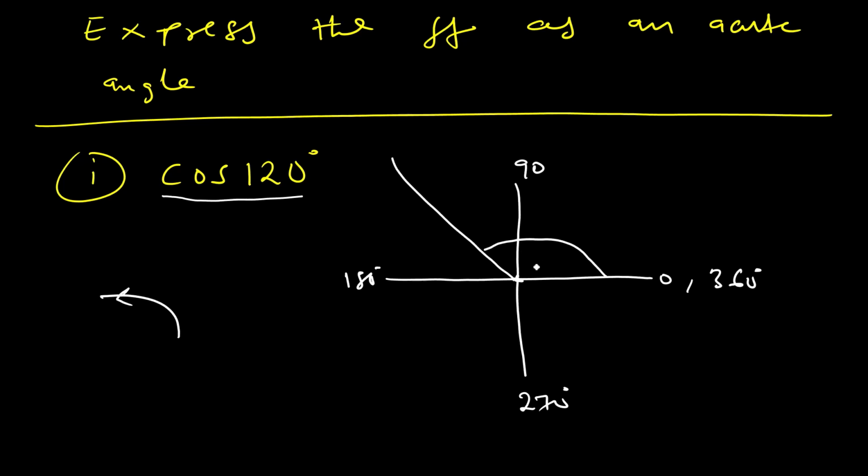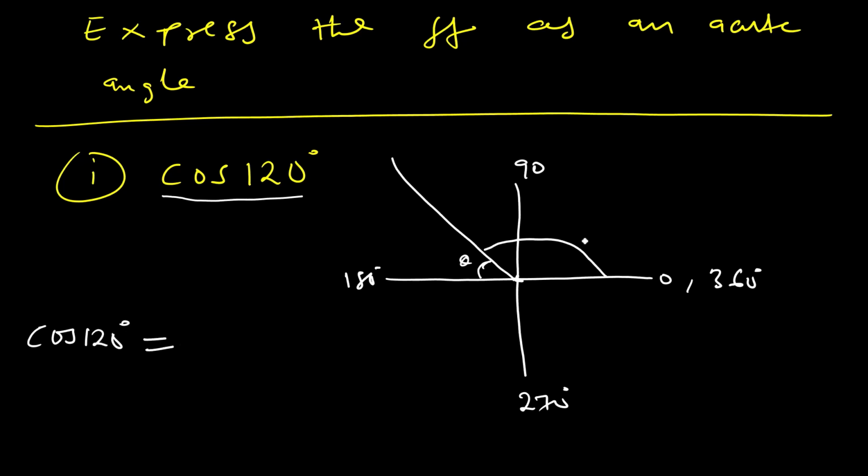We need to measure this angle here. The angle here will be the acute angle for cos 120. So we have cos 120 degrees.